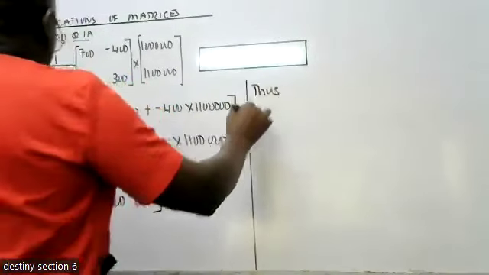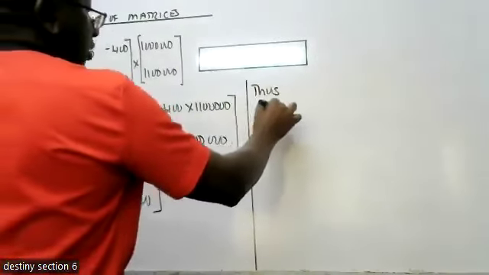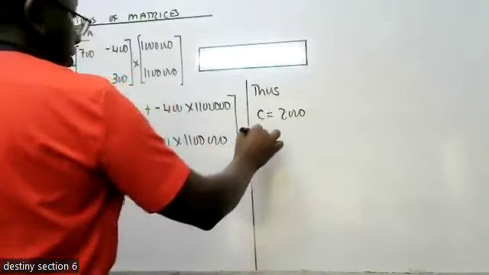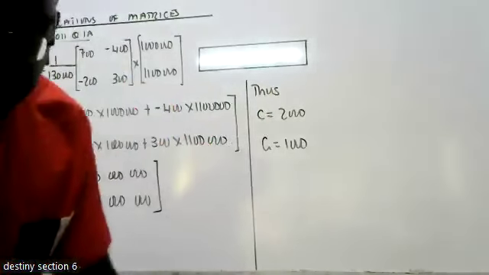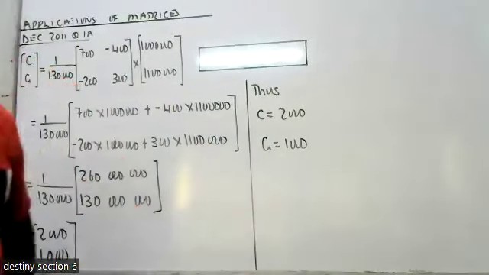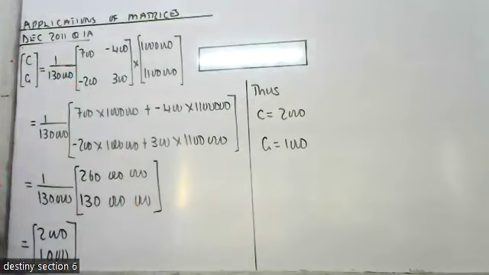Thus, C will be 2,000 and G will be 1,000.